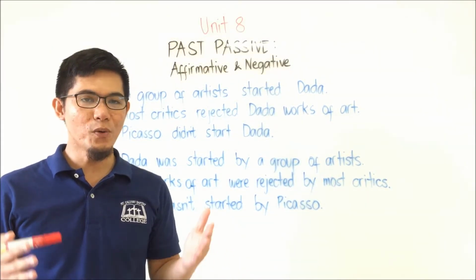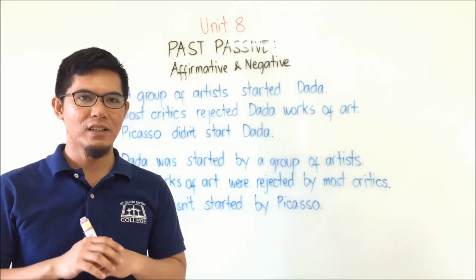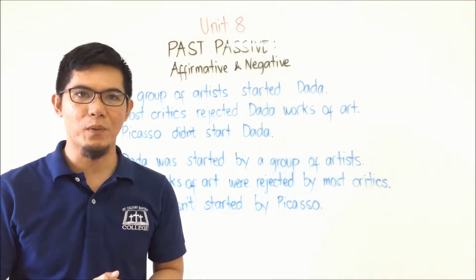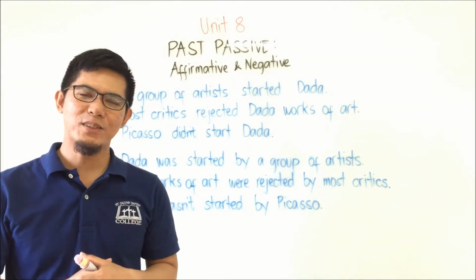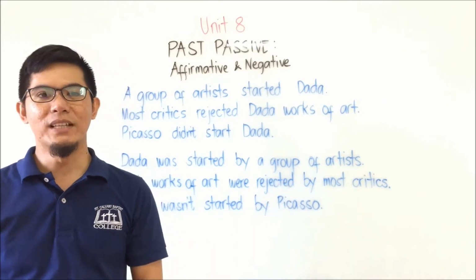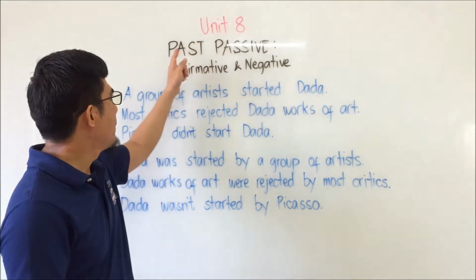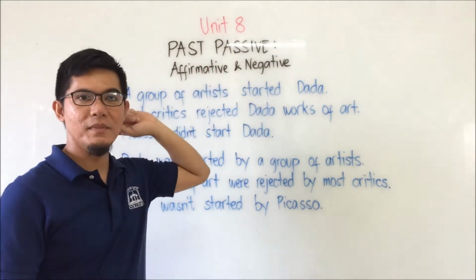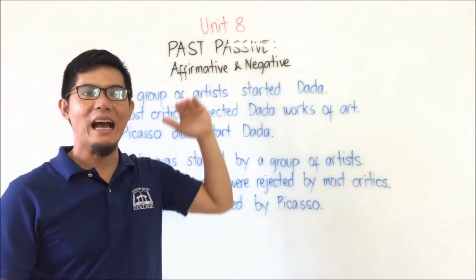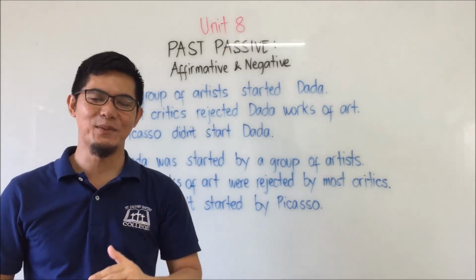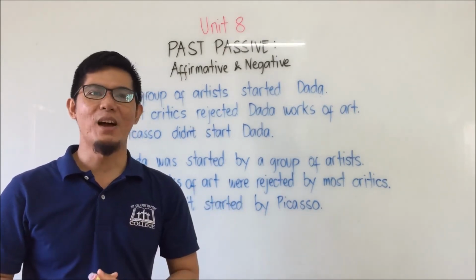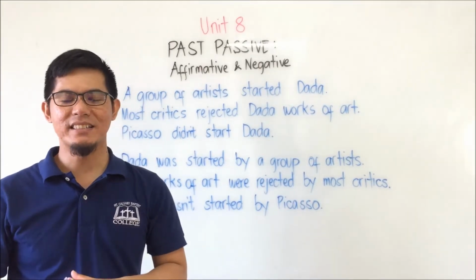It's a new week, so we will learn a new lesson. But before we proceed, let's first review our past lesson. Last week, we learned present passive, affirmative and negative.